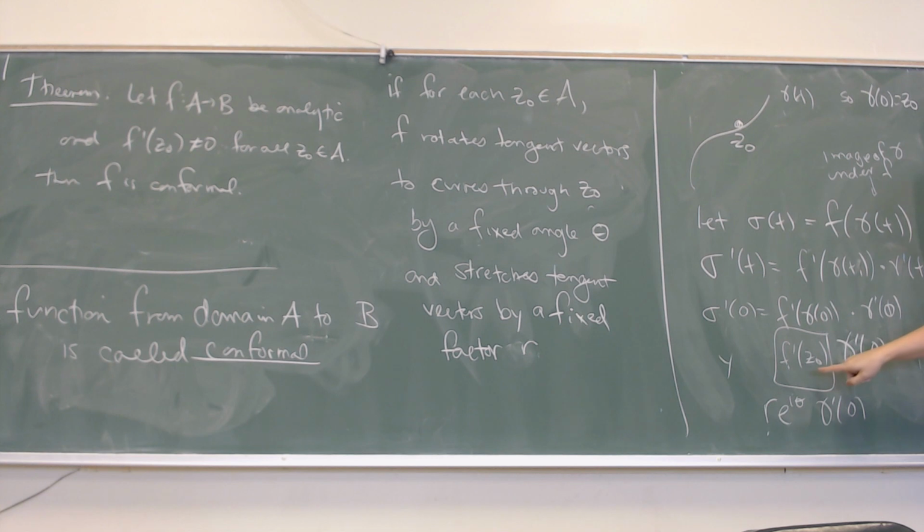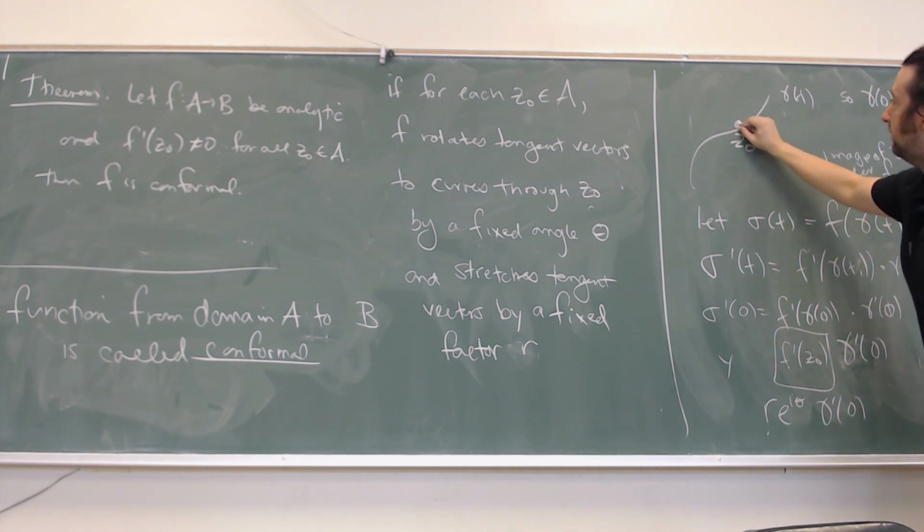Notice, this is independent of the choice of curve through z naught. So any curve I drive through z naught, for computational convenience, normalized this way, will always be rotated and stretched by the same f prime of z naught. Yep? So gamma prime of 0 there, that part is the tangent.